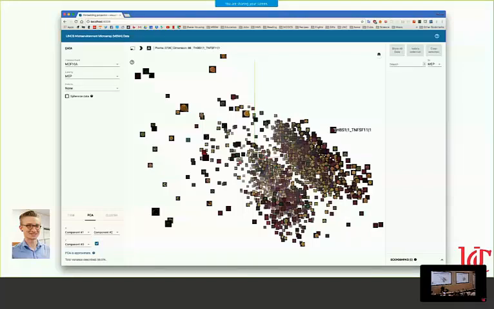And this is the work of Anders in collaboration with MapLinks, where they are trying to cluster images of cell lines. And these are the actual images of the cells embedded in the PCA plot. And you can explore the images directly and see how they cluster based on the perturbation and their morphology.